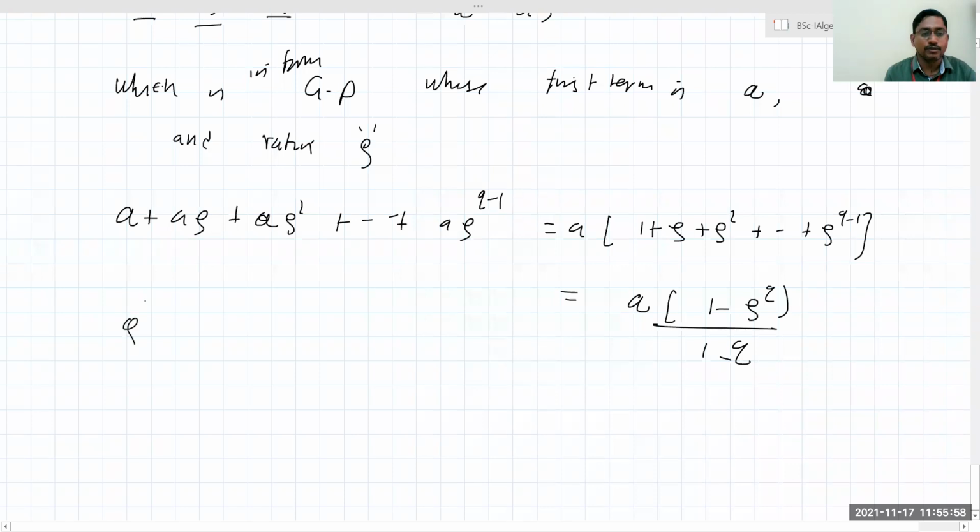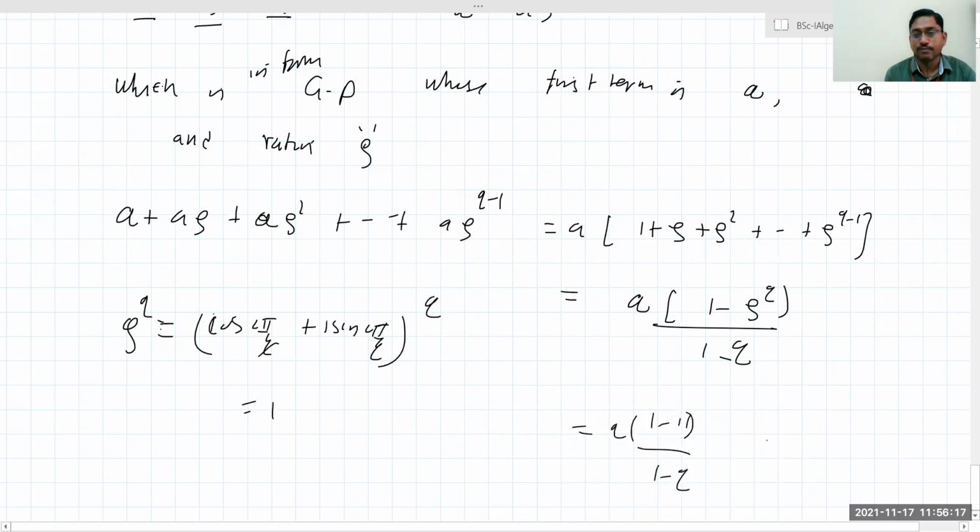So what is rho raised to q? Rho raised to q is cos of 2 pi upon q plus i sin 2 pi by q, raised to q. So q will get cancelled and you will get 1. In this way, a into (1 minus 1) will become 0. This sum is becoming 0 because rho raised to q is 1.